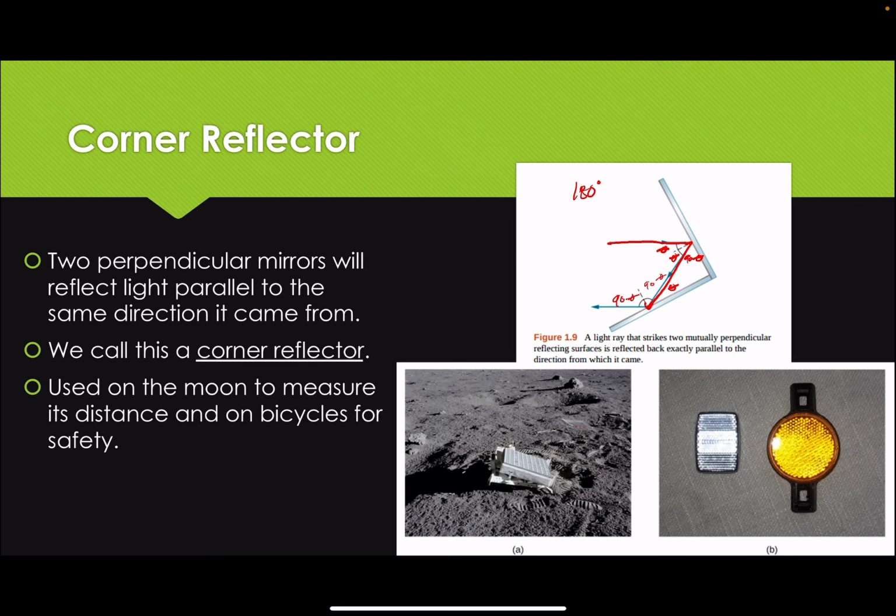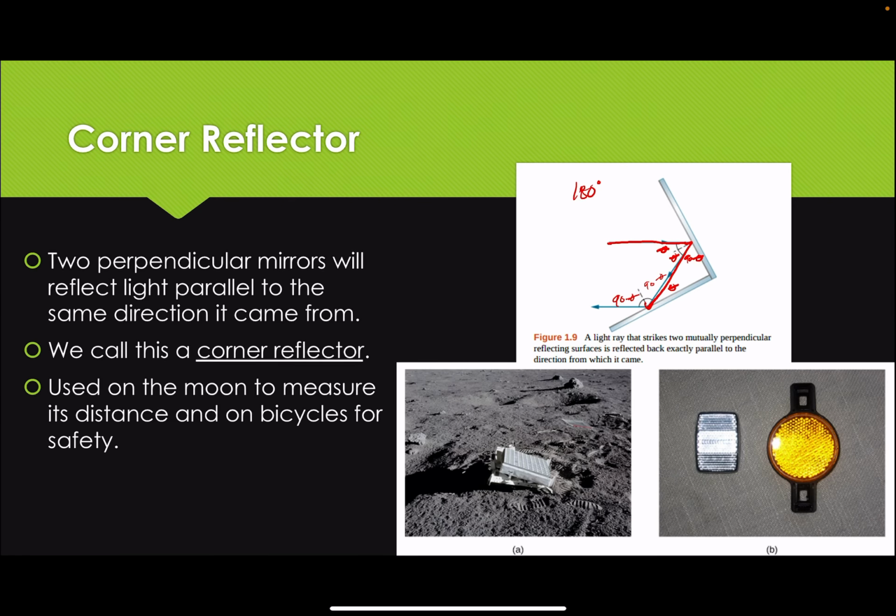And so this light comes in, and it's going to reflect off at 180 degrees to the angle it came in. That means it's going to travel back parallel to the direction it came from, which is pretty useful. Because if I put a bunch of very small corner reflectors on a reflector on my bicycle, when light hits it, the light is going to shoot back to the person that shined their light.